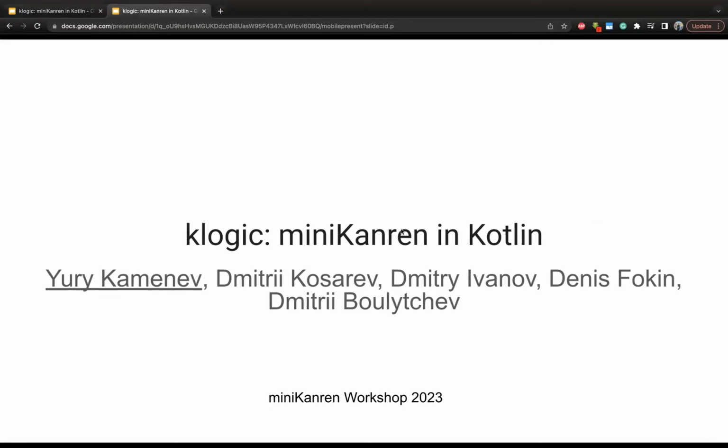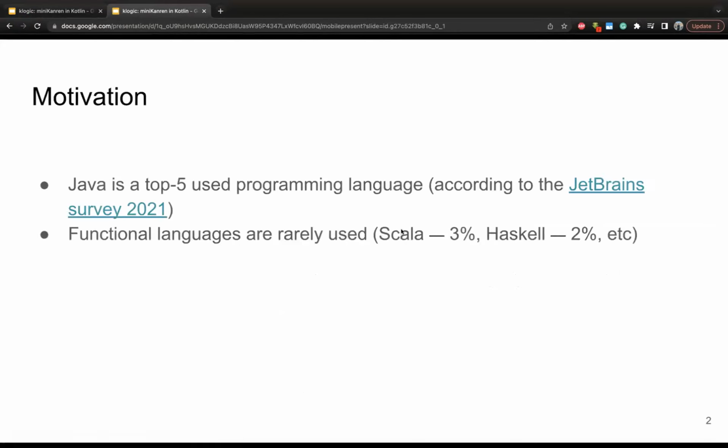Why do we want to implement miniKanren in Kotlin? Actually, there are a few motivation points. First of all, the whole JVM platform is very popular. For example, Java is one of the top 5 used programming languages according to the JetBrains statistics survey from 21st year.